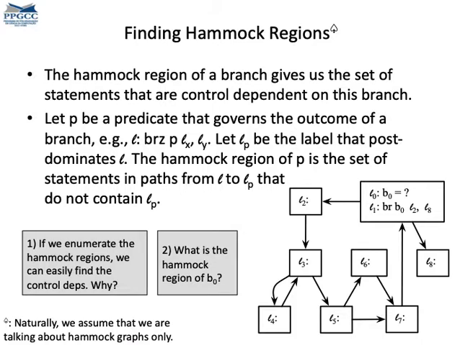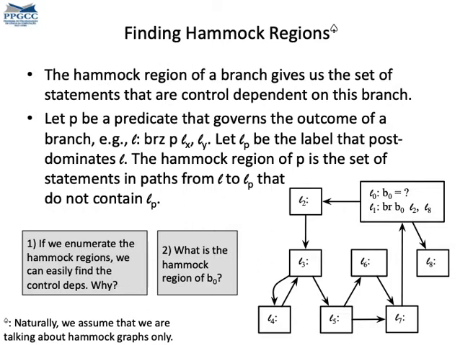And why is this important for program slices? Well, that's important because the nodes within a Hammock region are controlled by its entry point. So Hammock graphs help us to track control dependencies.